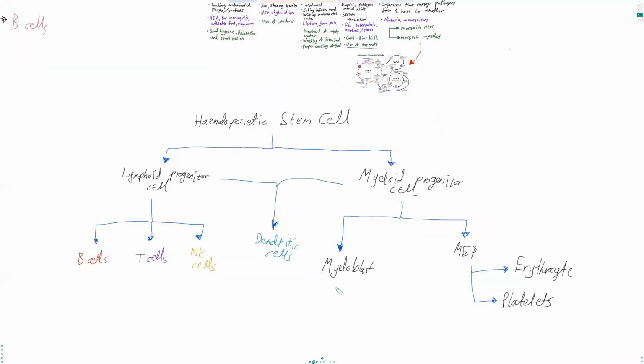The myeloblast, on the other hand, can develop into one of a few different types of granulocytes.